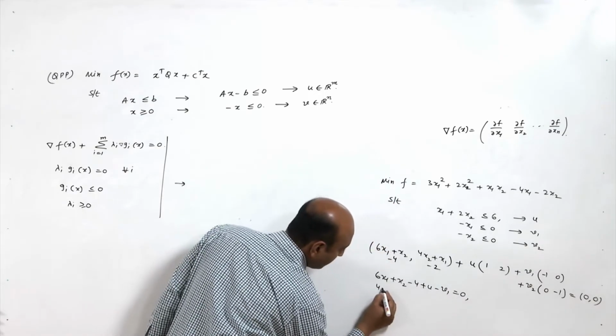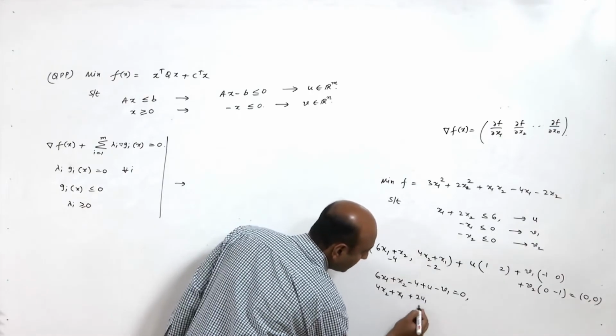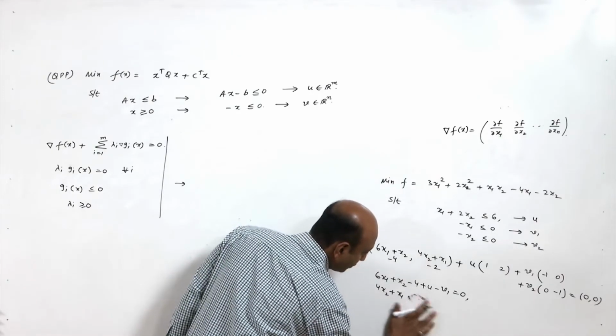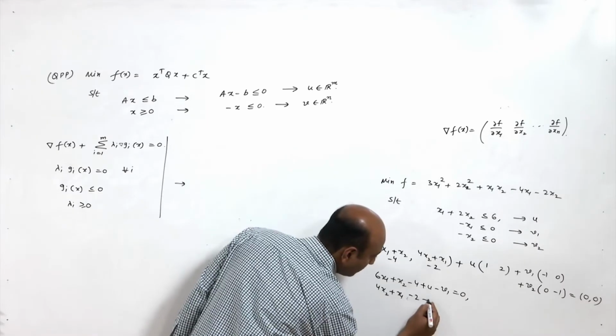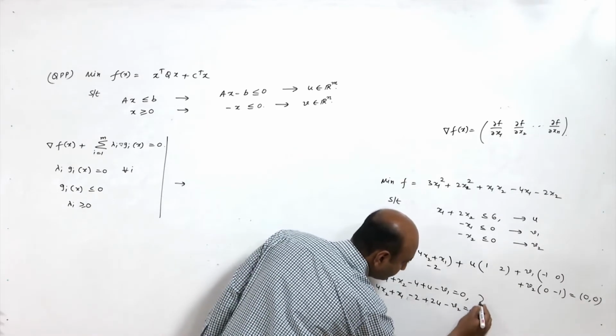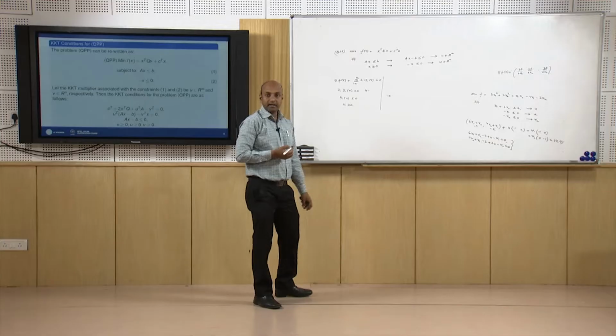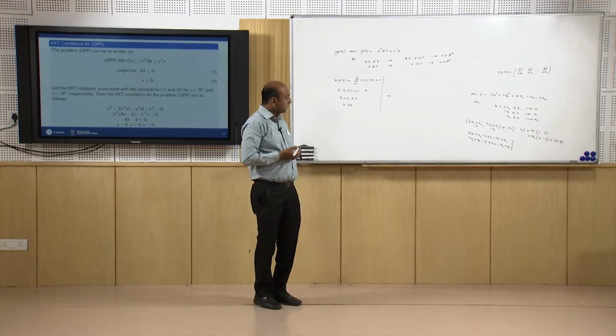The second equation will be 4x2 plus x1 minus 2 plus 2u minus v2 equal to 0. So, these are the KKT conditions corresponding to this problem.